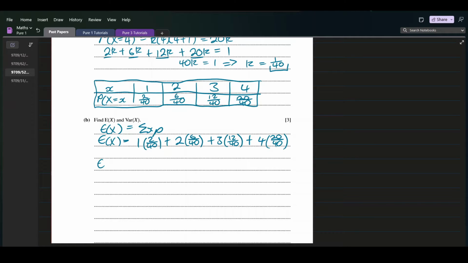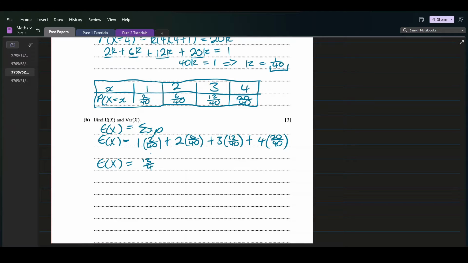Now let's punch this into a calculator. That gives us 13 over 4. So the expectation is 13 over 4.